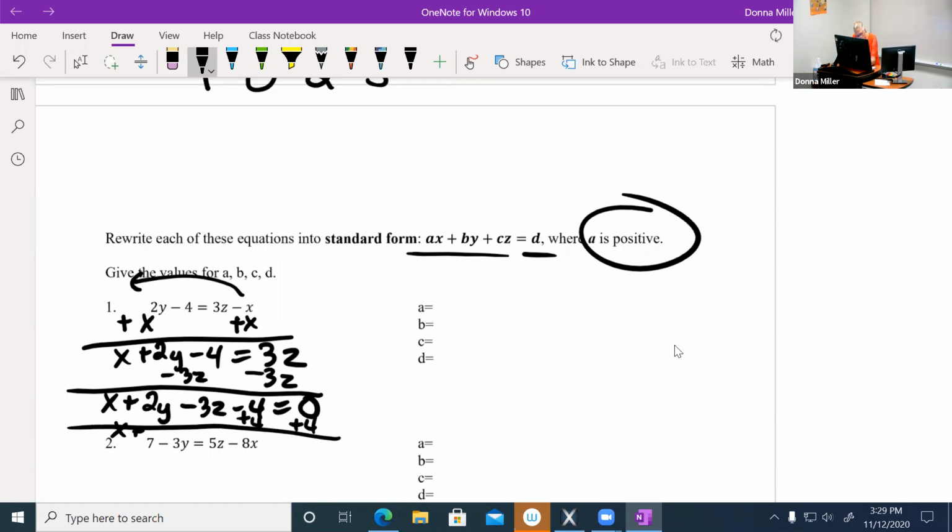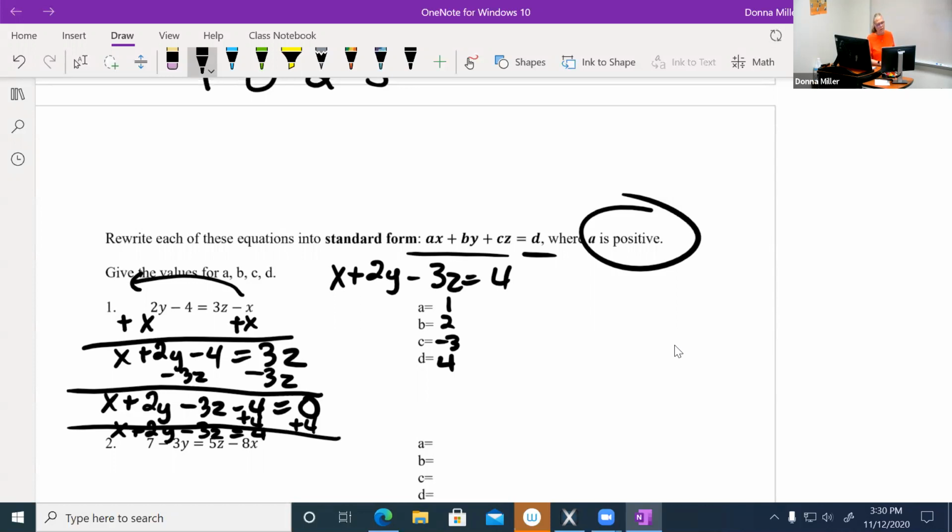So I get X plus 2Y minus 3Z equals 4. And there's my equation. Let me write it up here: X plus 2Y minus 3Z equals 4. So I'm just going to put 1, 2, negative 3, 4. Those are the coefficients that I would put in that first row.